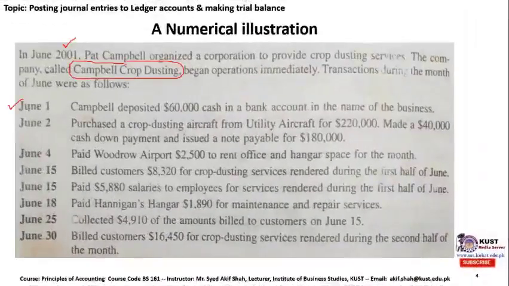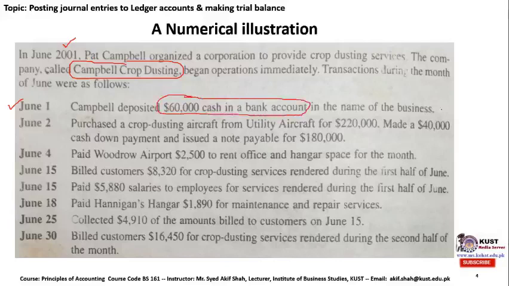Let's discuss the first transaction, which is of June 1st. Pat Campbell, who is the owner of this business, has deposited $60,000 cash in the bank account in the name of the business. So Pat Campbell has deposited $60,000 in the bank account of the business, not in his personal account.